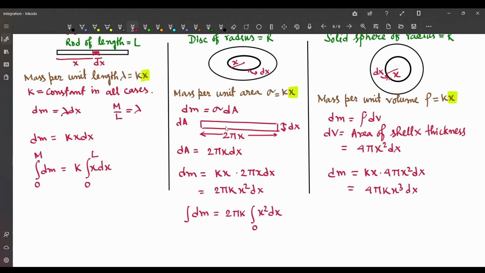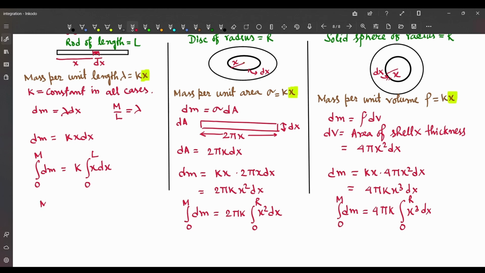Here x varies from 0 to r, that means the radius of that disc. Similarly, mass is 0 to m. For the solid sphere, the total mass, that is integration of dm, is 4 pi k integration of x cube dx. The limit is the same, 0 to r, and here 0 to m.